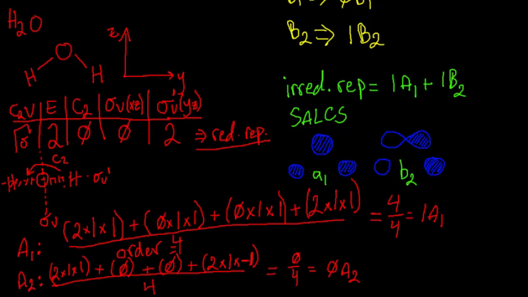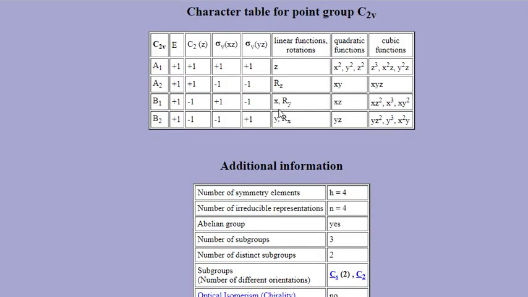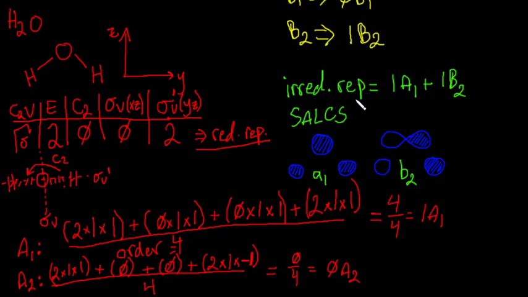Now, what if we look at px? So px was under B1, and we have 0 representations for B1. But if we actually try to draw a linear combination for such orbital, you'd realize that the px axis is actually coming out of the board and towards the back of the board. So if we draw this, it would look something like this.